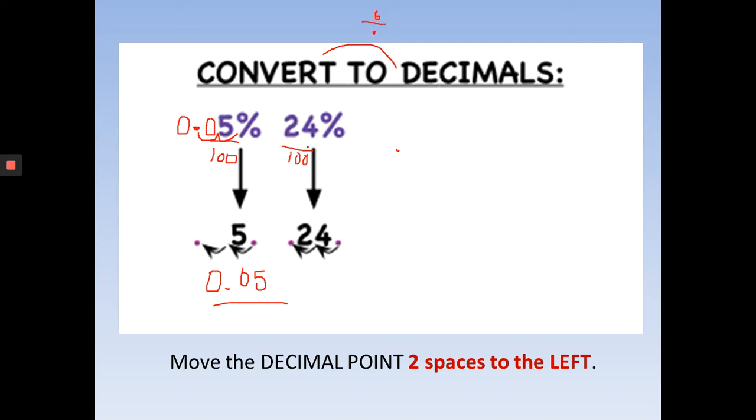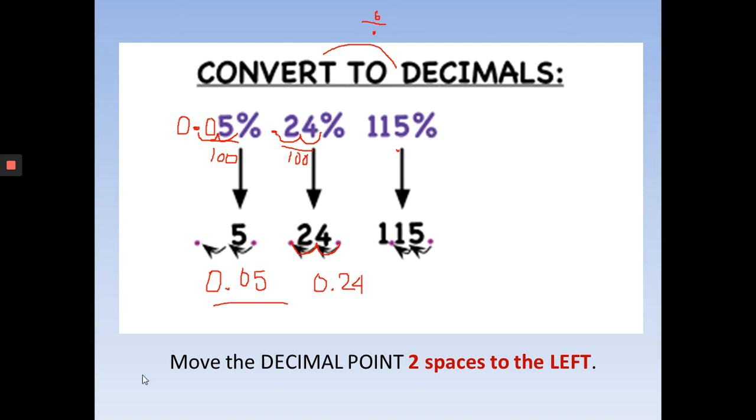So 24 divided by 100, as I've said, to save more time and effort, all you have to do is move your decimal point 2 places to the left. Okay, so here it's 0.24. Okay, 1, 2.